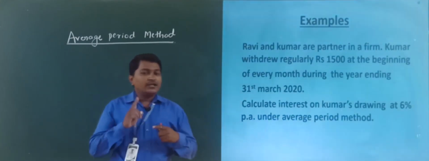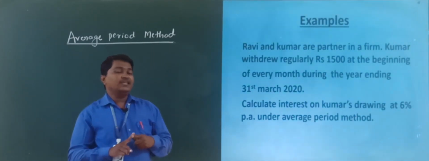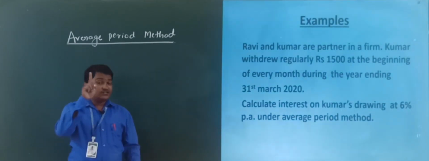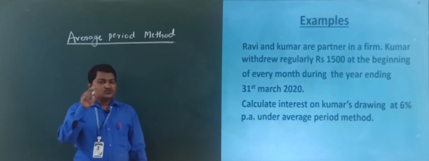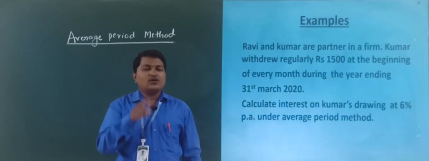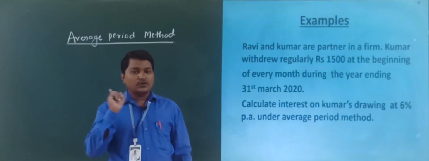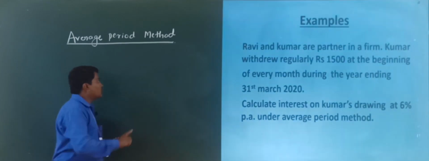So we are calculating interest on drawing, right? Before we calculate interest on drawing, in the formula there are two terms. First one is total drawing and next one is average period. So before we go for the calculation of interest on drawing, first of all we need to calculate total drawing. So what is the formula for total drawing?